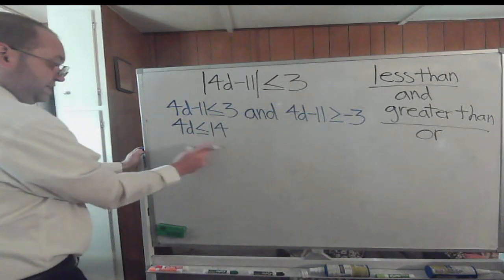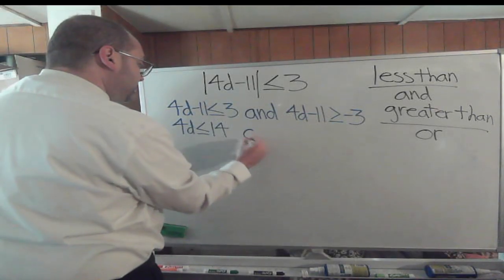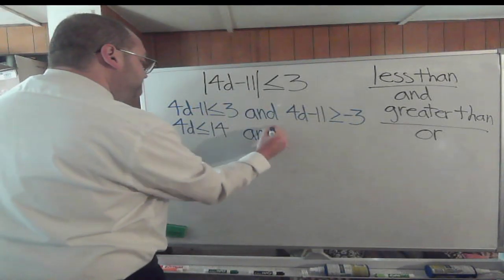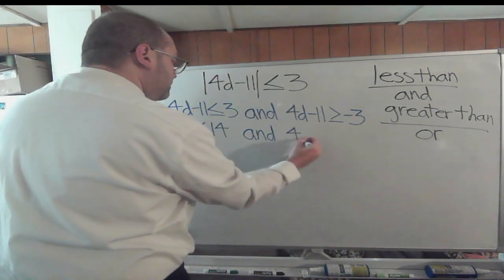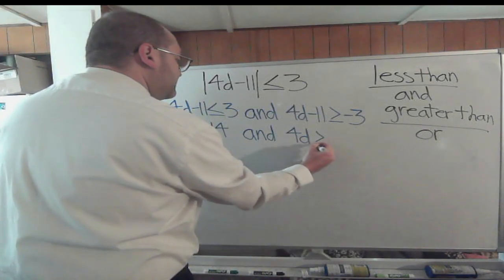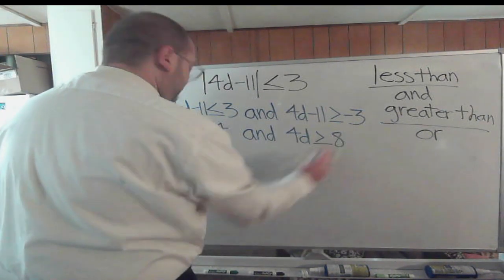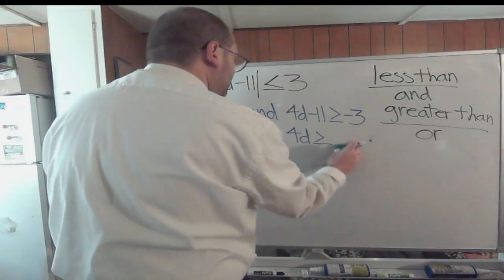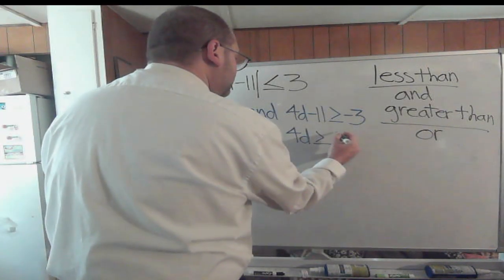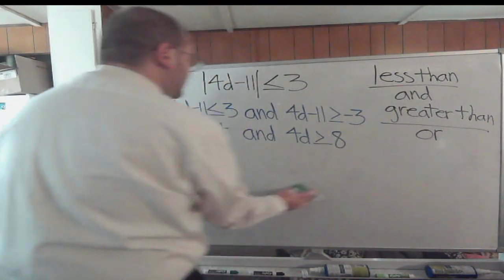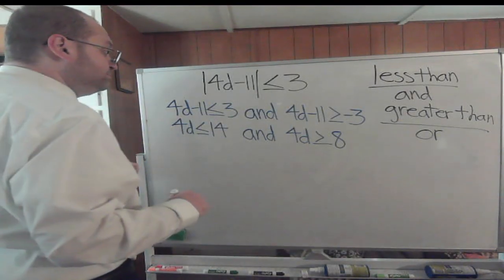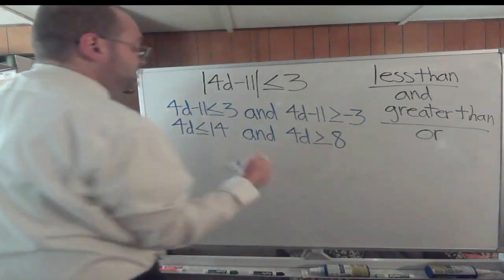So you get 4d is less than or equal to 14, and you would get 4d is greater than or equal to, what's 11 minus 3? It's 8. Excuse me. I can't add today. Yeah, so 11 minus 3 is 8.